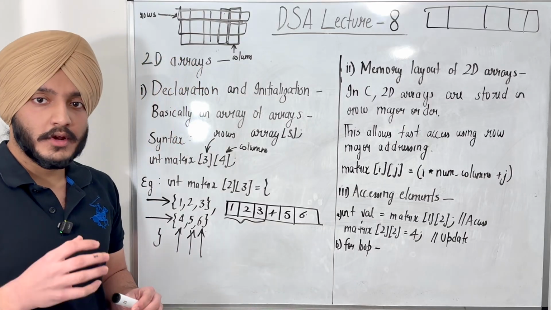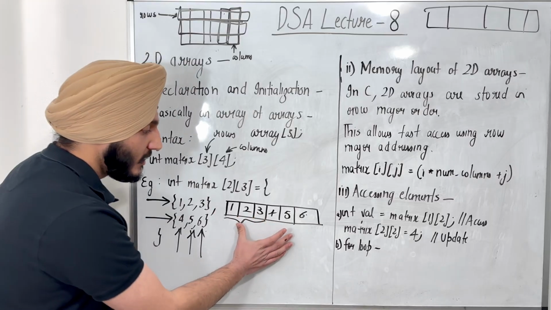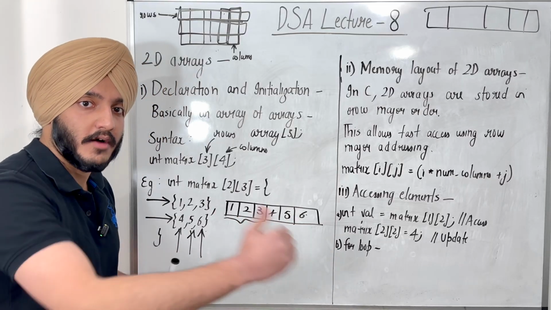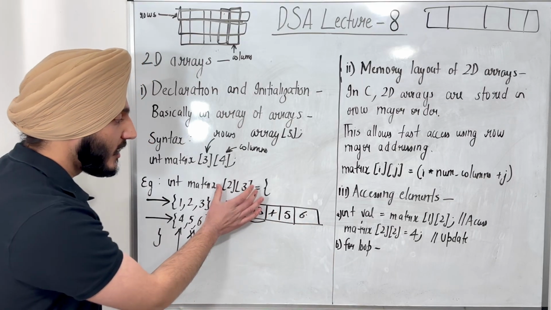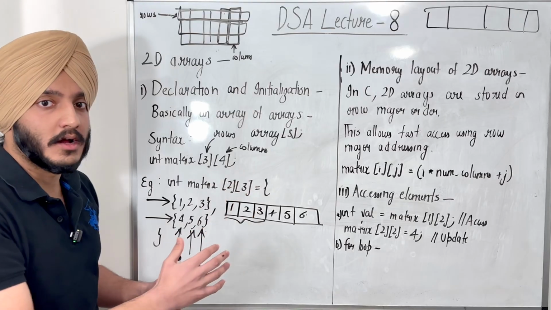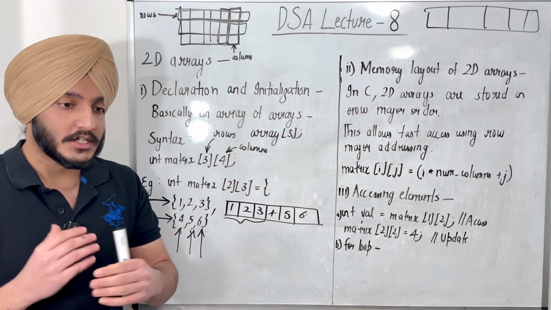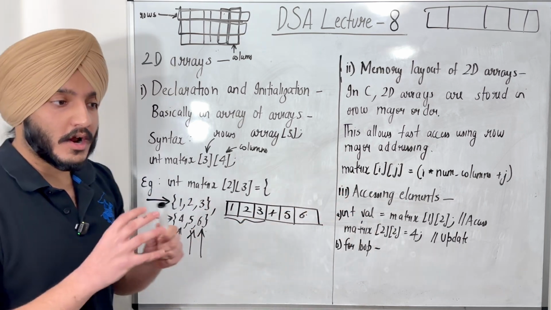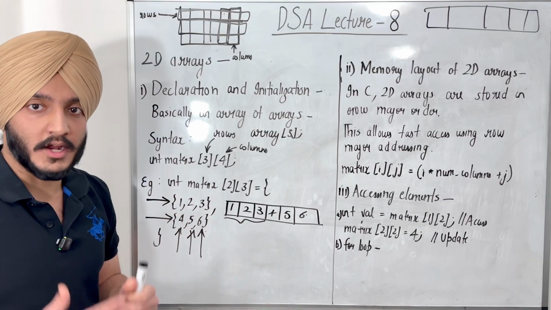One important thing to clear once again is, look, the computer in the memory is storing the elements one after the other. It's creating the memory space one after the other, but this is for our help that we declare it and we can access it for our understanding. Right? Computer is still using just a continuous block of memory to store the values, but for us in our visualization, we assume that it's a 2D array, right?